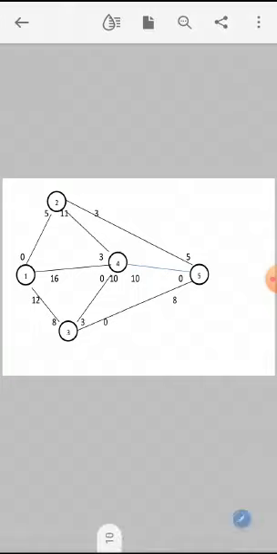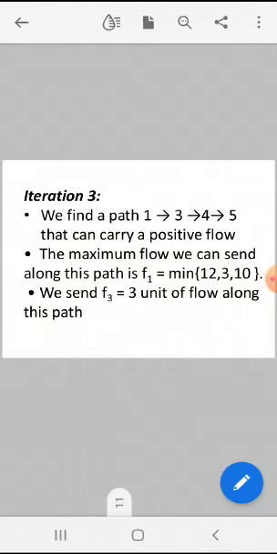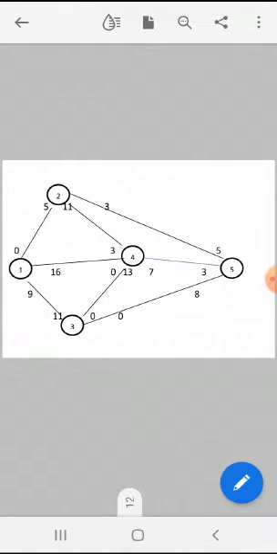So subtract 3 from 12 and add 3 to 8. And for the arc 3 to 4, subtract 3 from 3 and add 3 to 10. And for arc 4, 5, subtract 3 from 10 and add 3 to 0. So this is the updated figure.